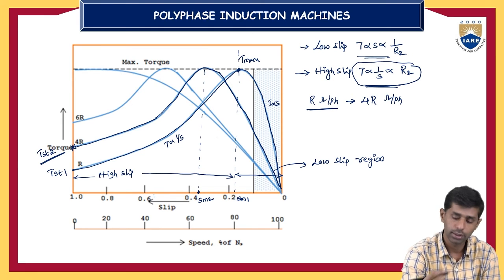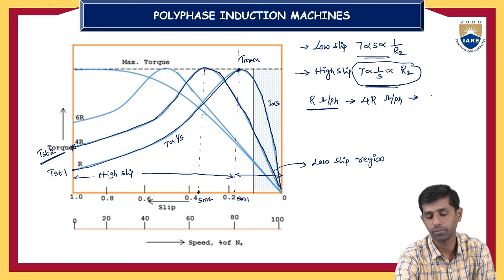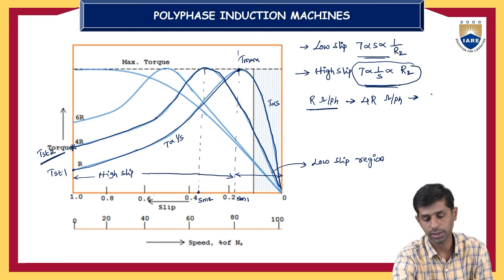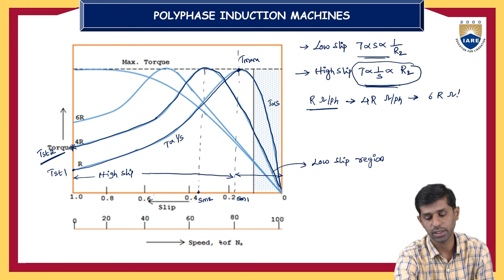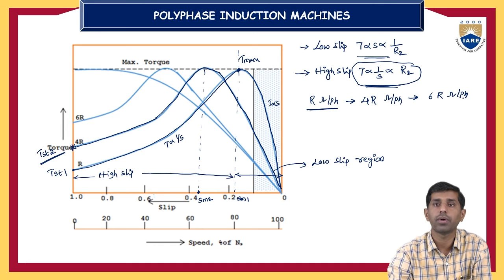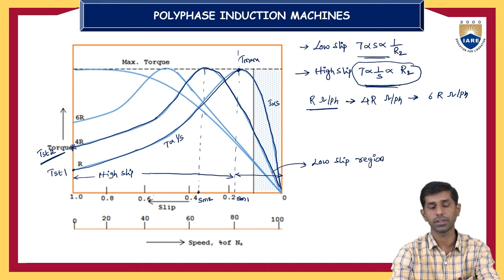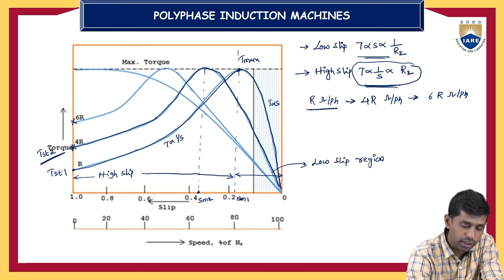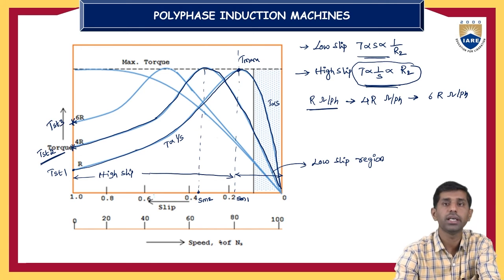Further, I am increasing the resistance from 4 times the initial resistance to 6 times the initial resistance, that is 6R ohms per phase instead of R ohms per phase. So it will increase your starting torque, that is TST3.